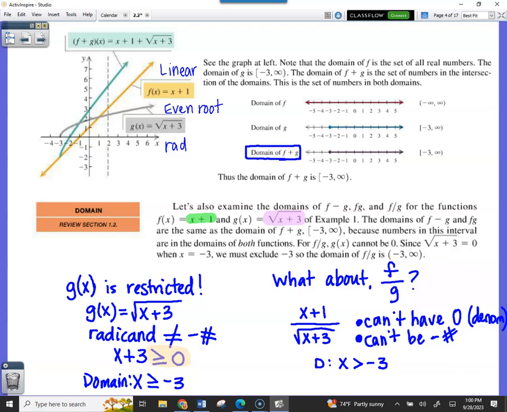So you adjust your restriction by taking off the or equal to sign. The way to know that is if you plugged -3 in here, you would get the square root of 0, which is 0, which is the bottom of the fraction, which is a no-go.